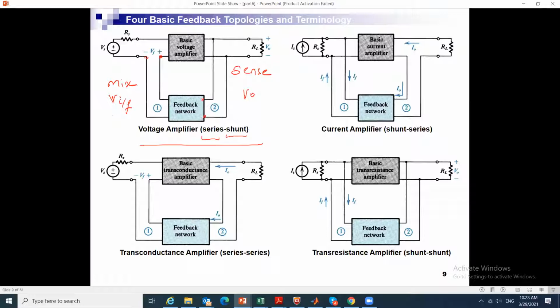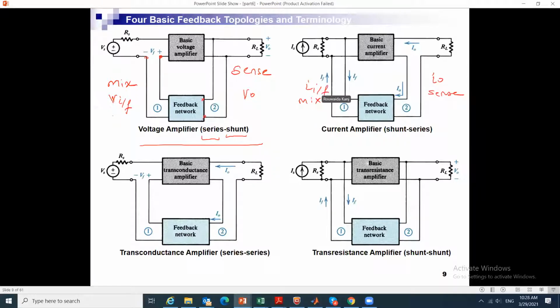And as you will see, focus on the series-shunt amplifier type for the real example. For the current amplifier, it is IO, IN. So I am going to sense the current, and I am going to mix the feedback current.